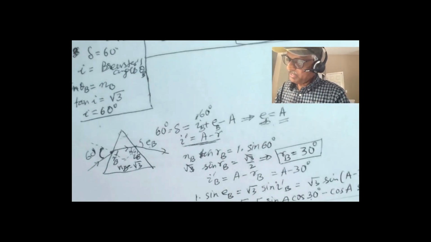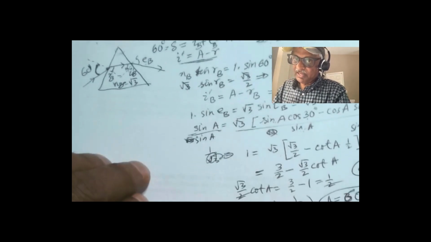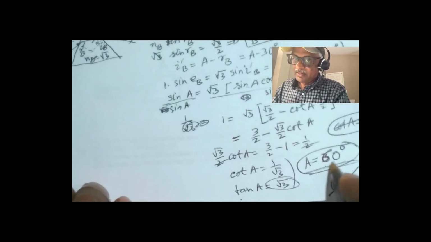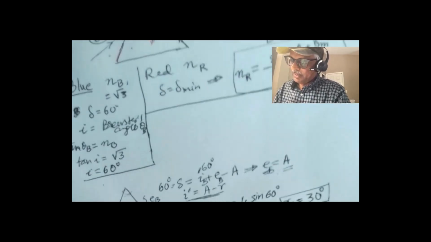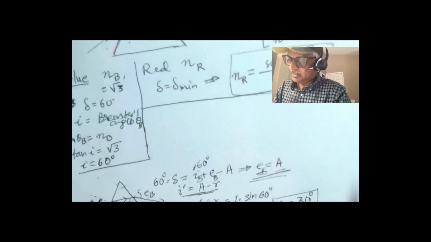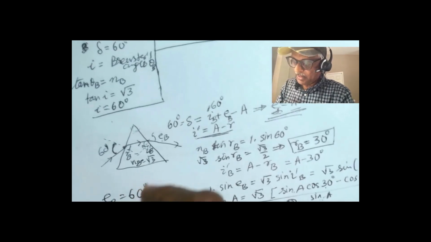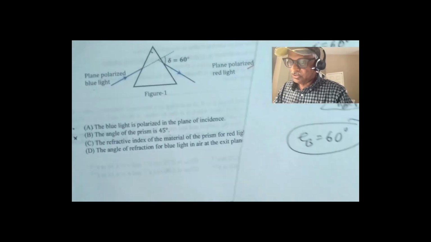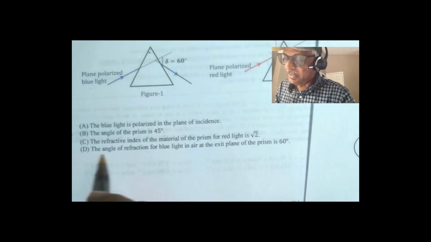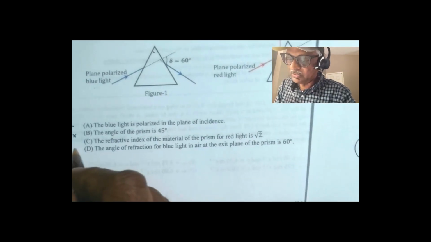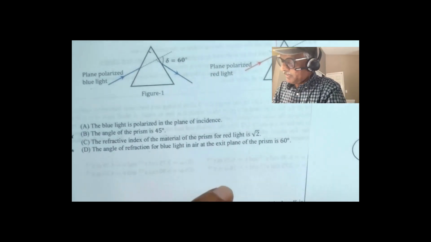While solving it, we solved that the exit angle is also A, so the E of B is 60 degrees, and that actually solves D, angle of refraction for the blue light. So the D is correct.